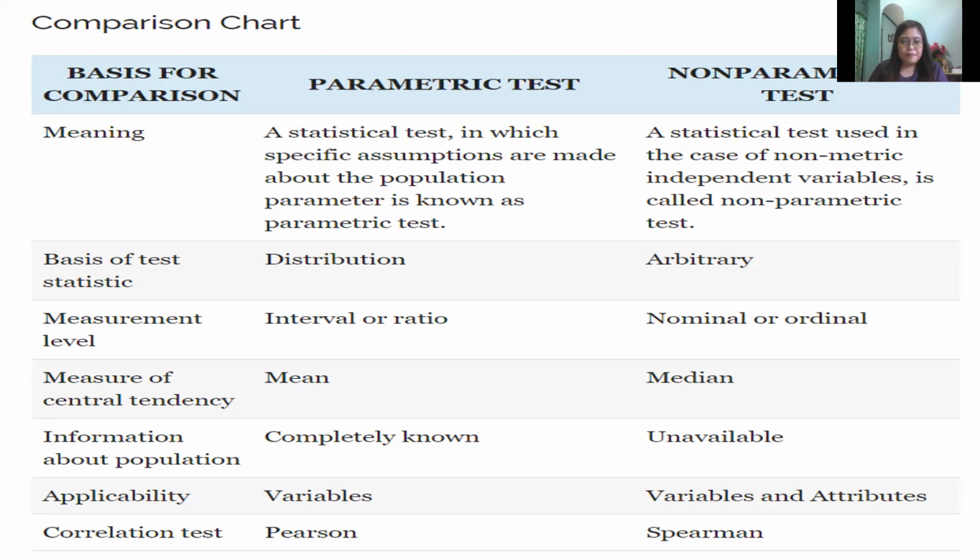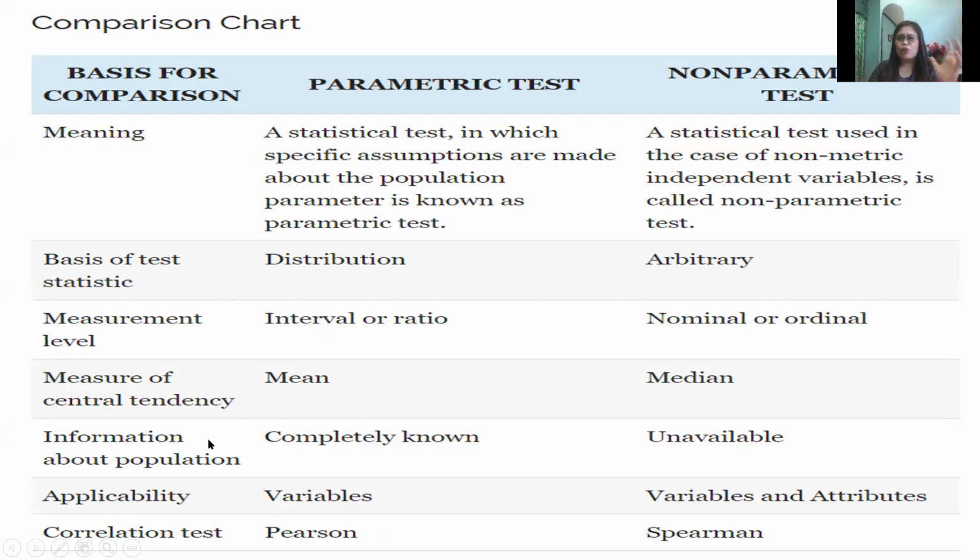And then, this is just an example of a parametric test. Of course, you know that the z-test is a parametric test. And another example is the Pearson test. We use it for correlation tests, if you want to know the relationship of one variable to another. So for example, you want to know if there is a relationship between sex and mathematical ability.